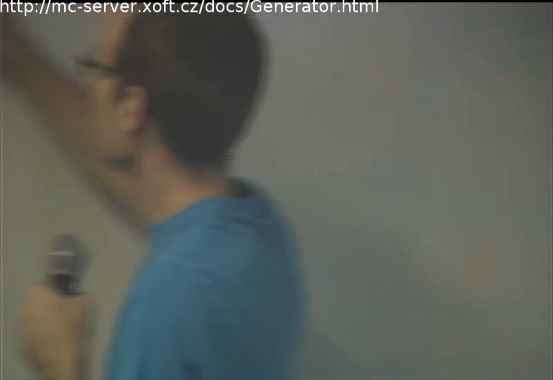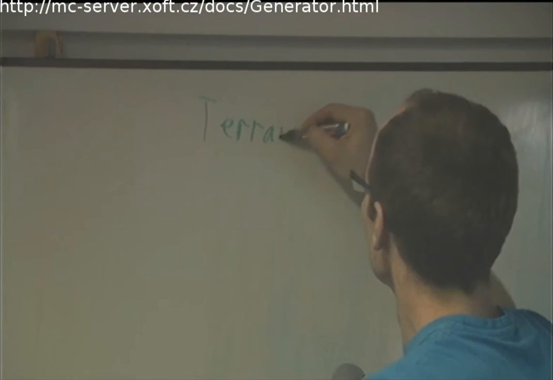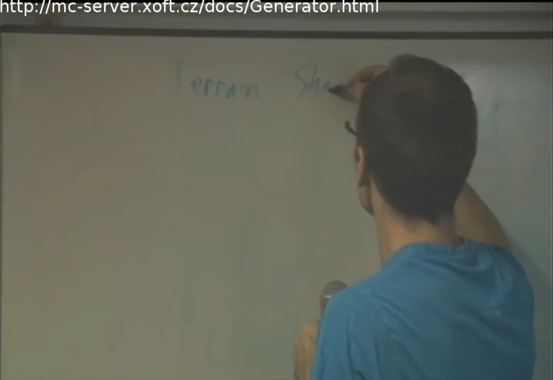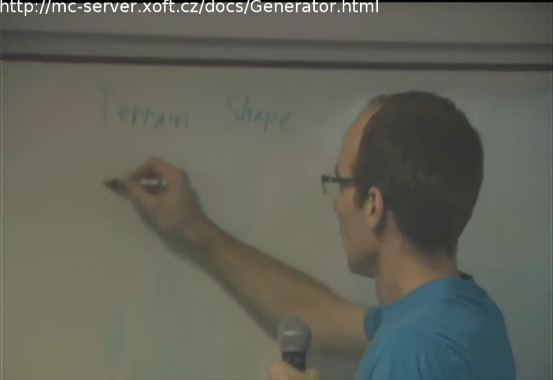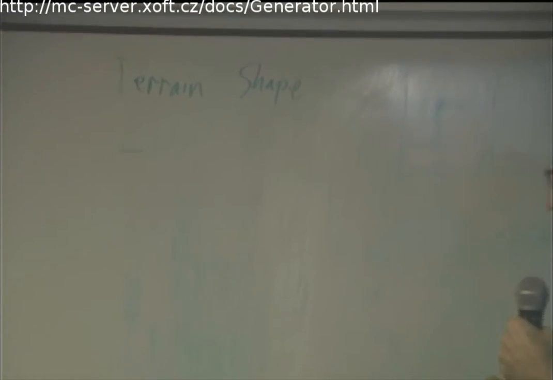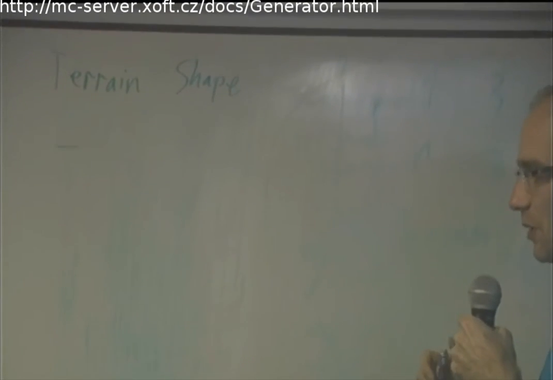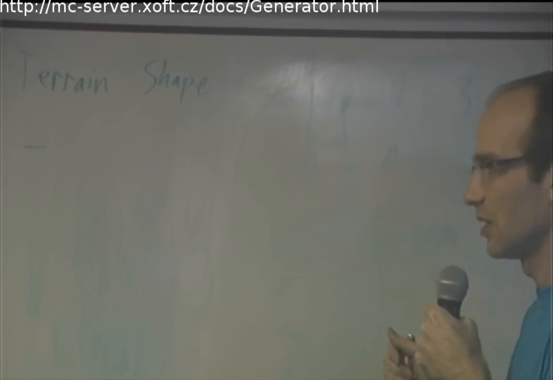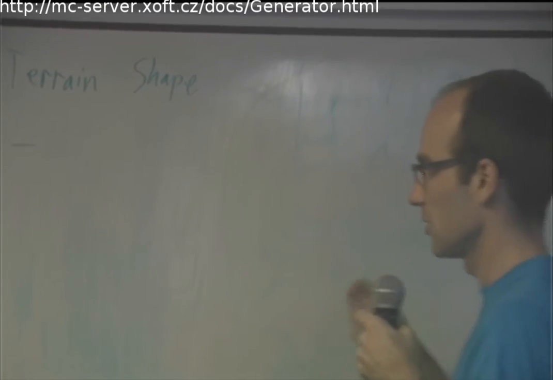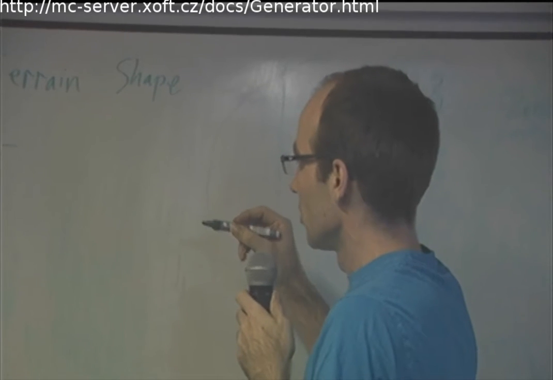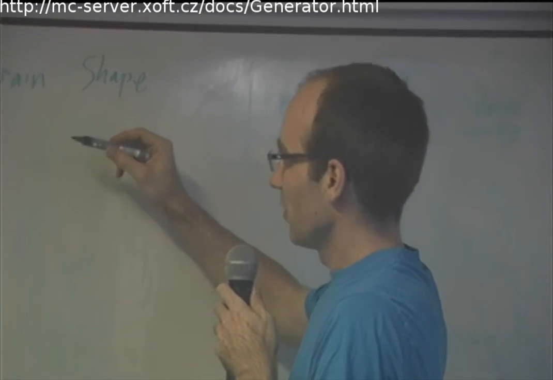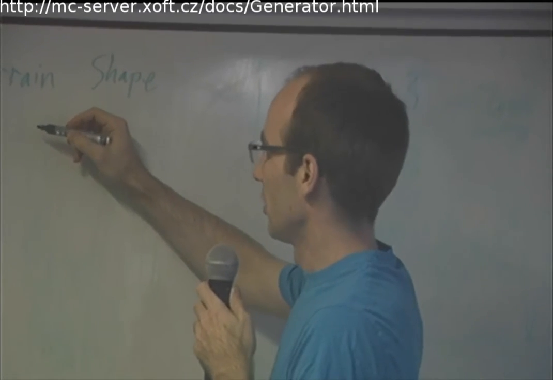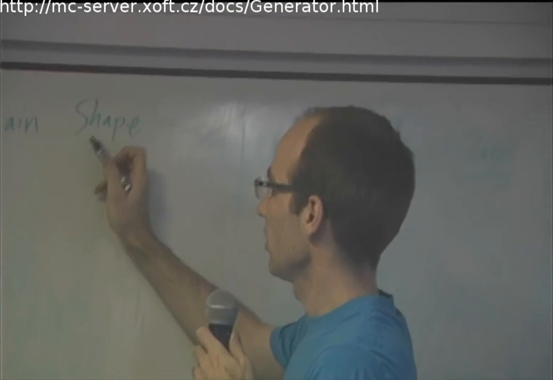Okay, terrain shape. So, unlike the previous generators, we don't have really easy one, because we don't want an easy one. We already covered the easy ones in the previous ones. So, the first one is a bridge that bridges the terrain shape to the terrain height.